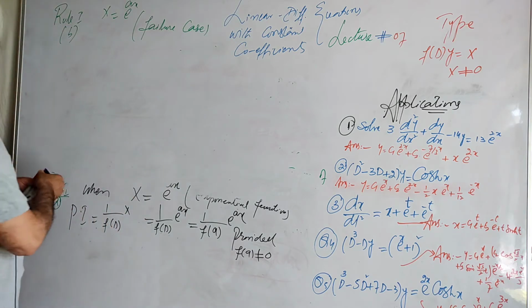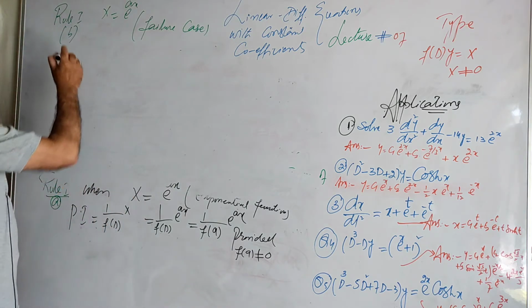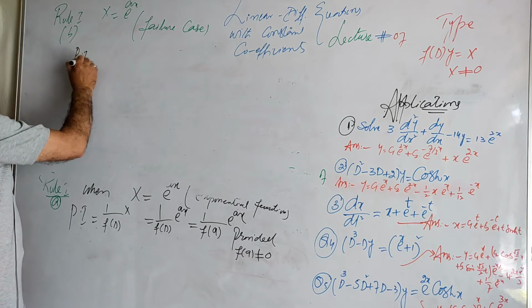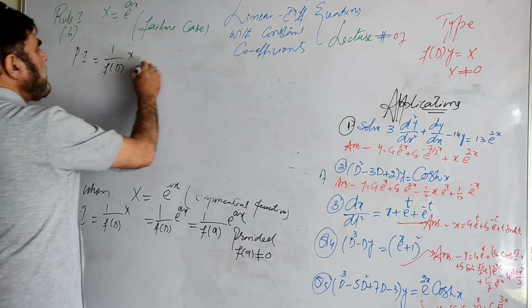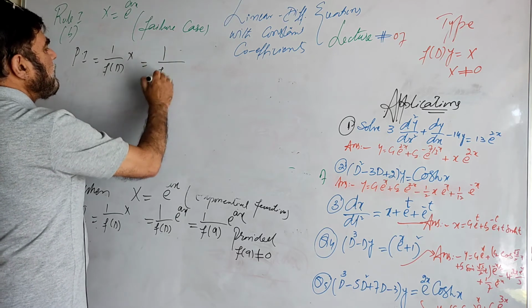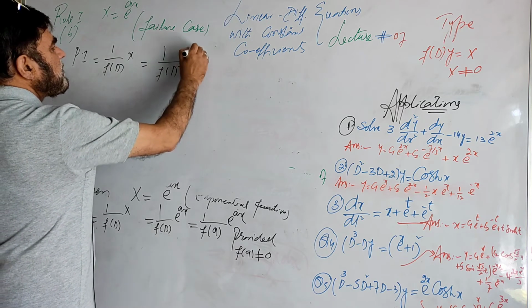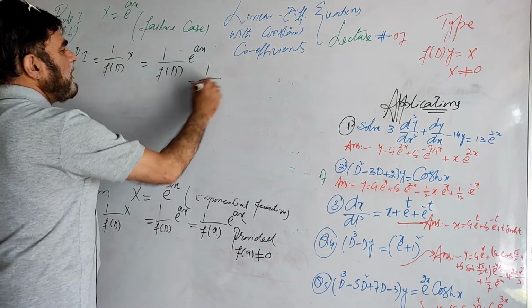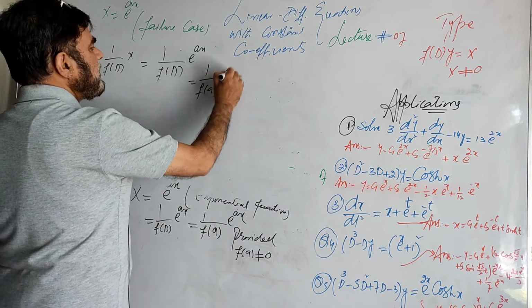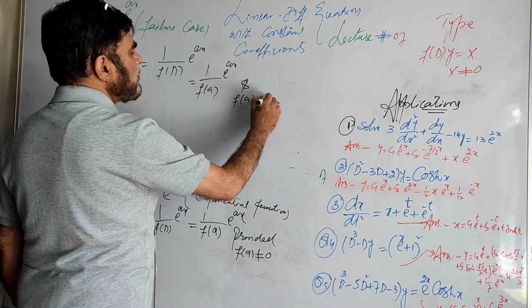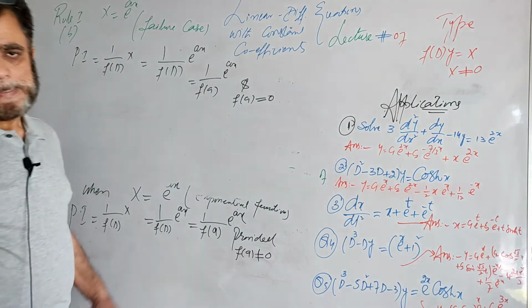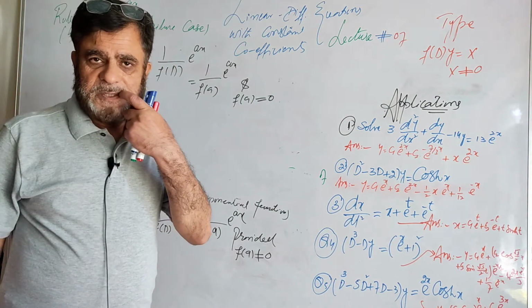Failure case means when I write the particular integral as 1 by f of D of x, that is 1 by f of a e raised power ax, and here f of a is 0. This is a failure case because the denominator becomes 0, it is not defined.